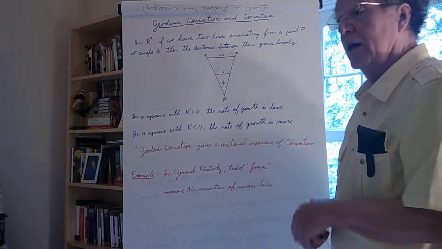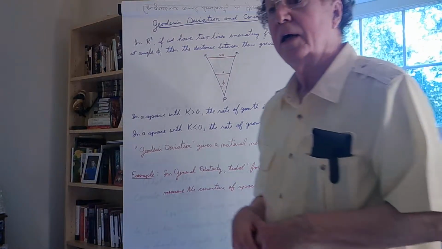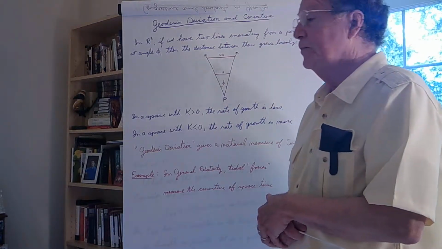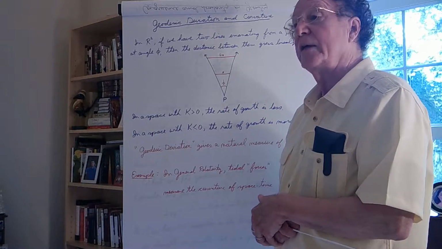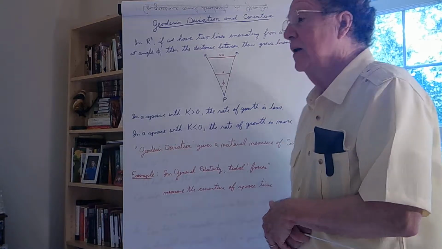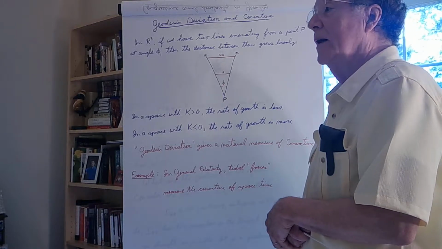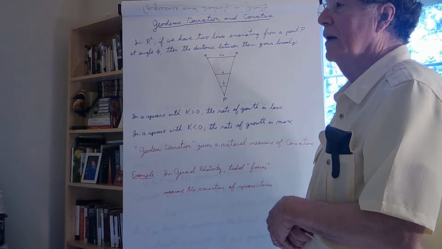Okay. The last thing we want to turn to is to think about the rates at which geodesics diverge if they begin at a single point in a flat space.